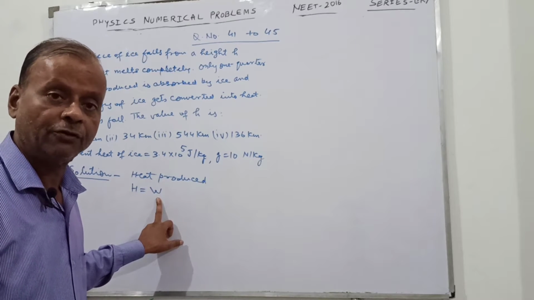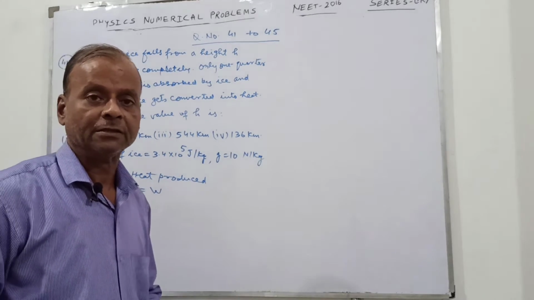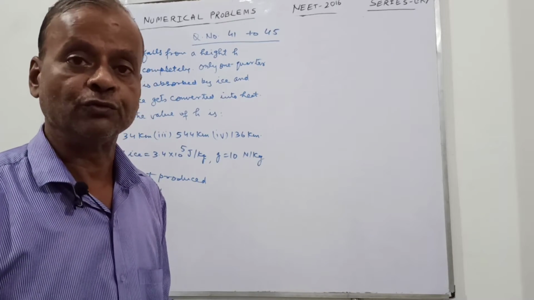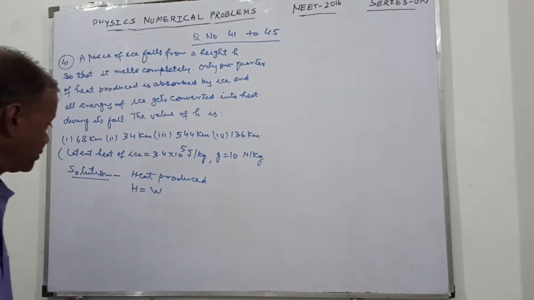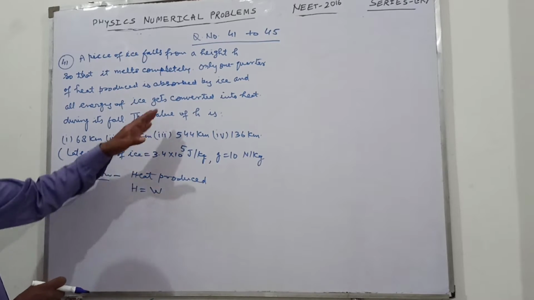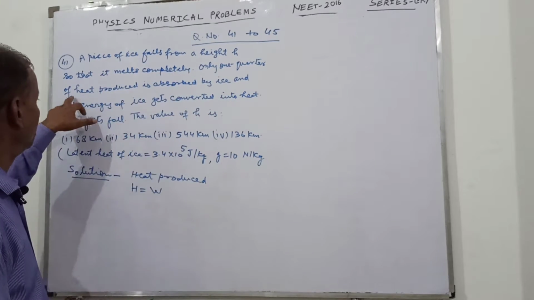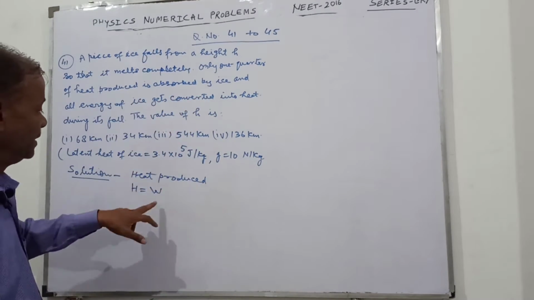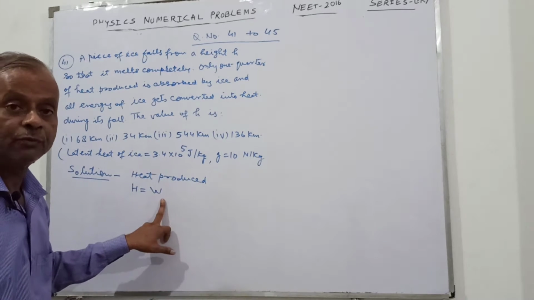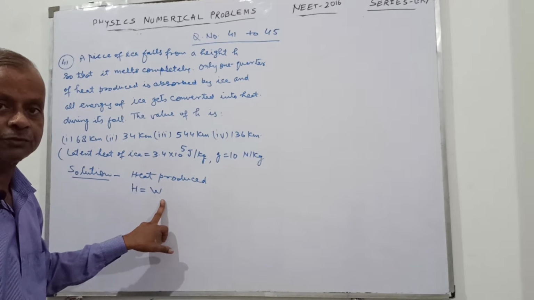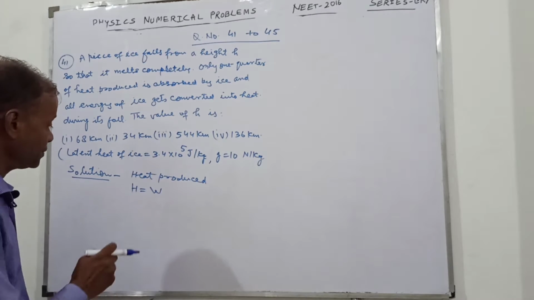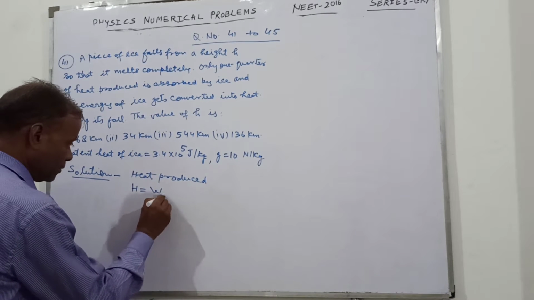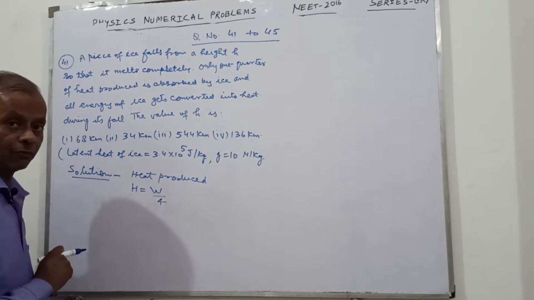But J will not be used here because all the units are given in joules. And it is given that only 1/4 of the heat is absorbed by the ice. So this W will be 1/4 of its total energy. So this is your W by 4.